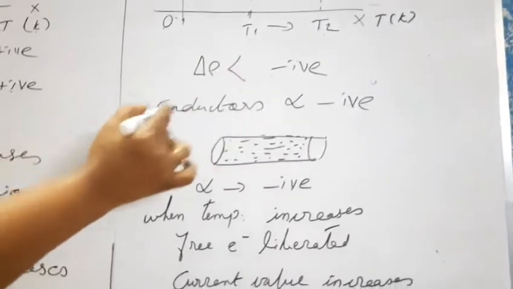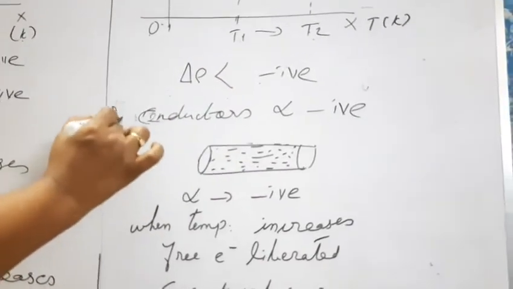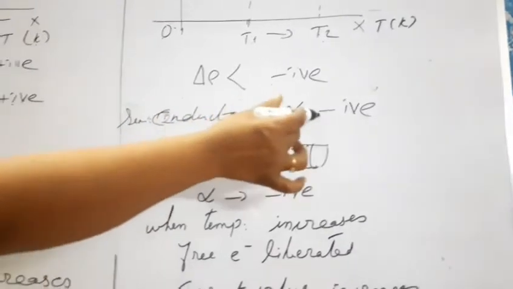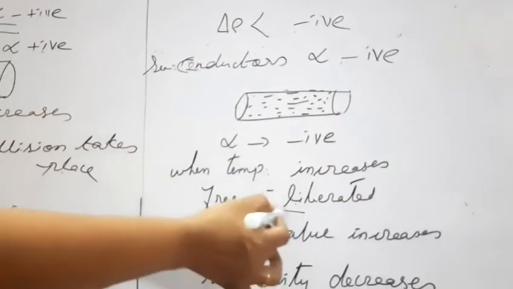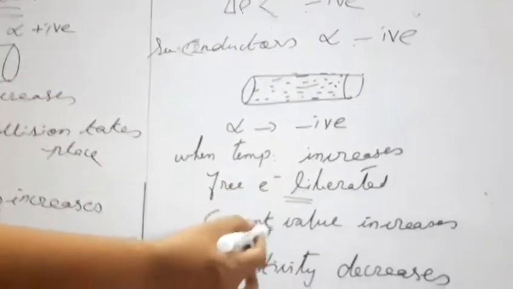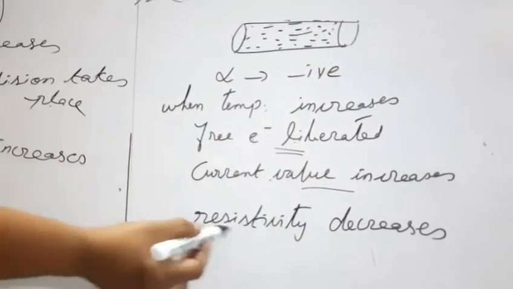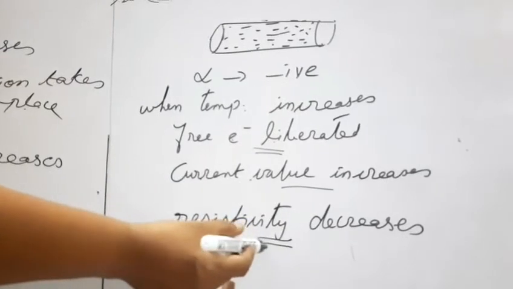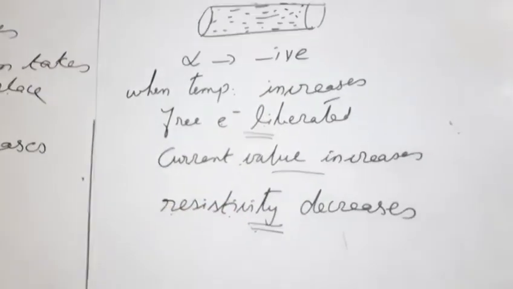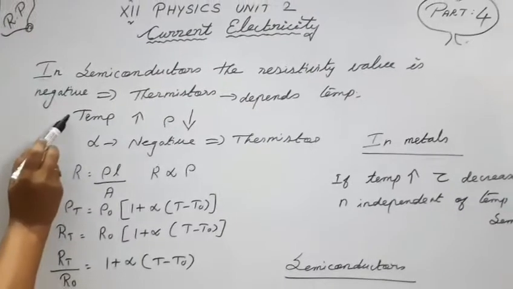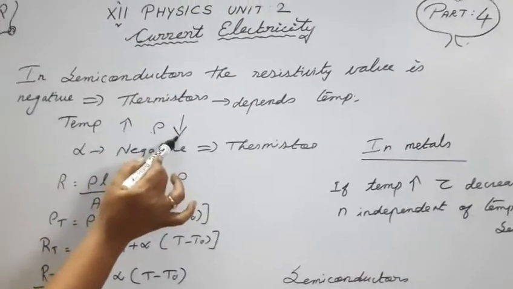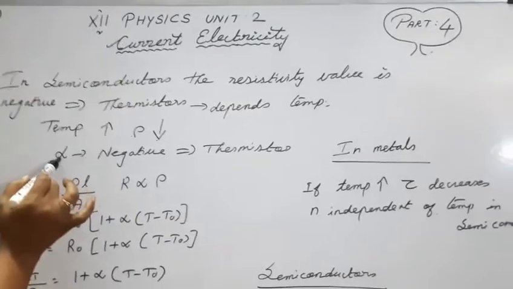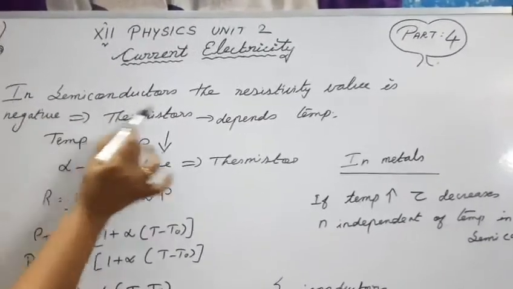In semiconductors, the alpha value is negative, which means when the temperature increases, the number of liberated free electrons also increases. Therefore, the current increases, and when the current increases, the resistivity decreases. As the temperature increases, the resistivity decreases. The resistivity always depends upon the temperature.